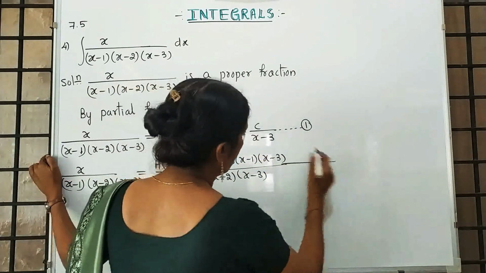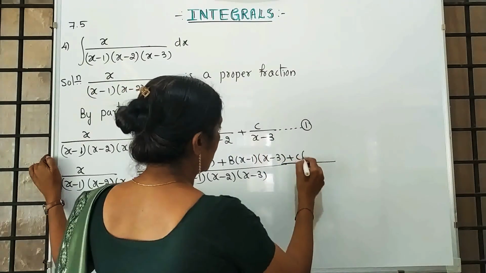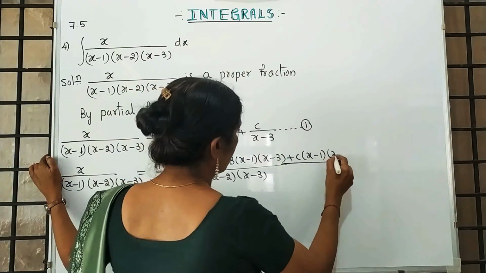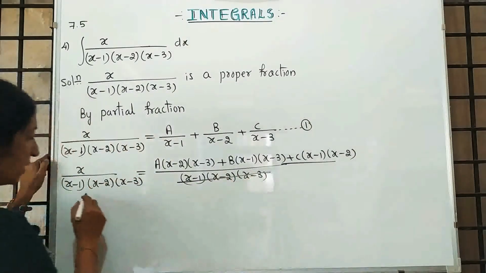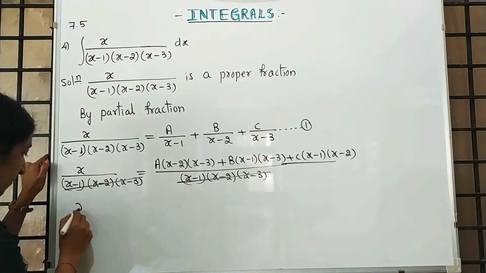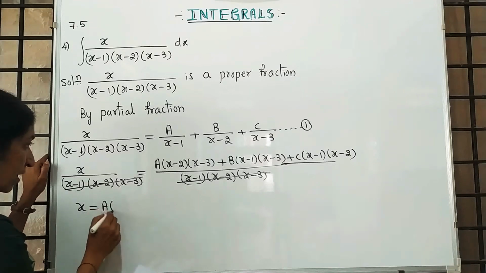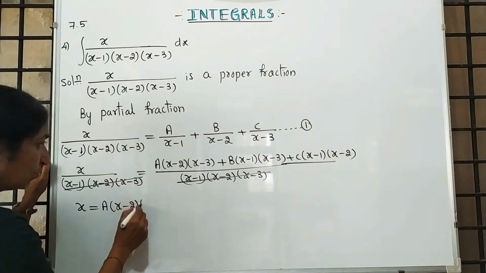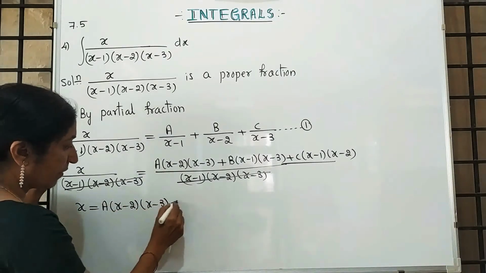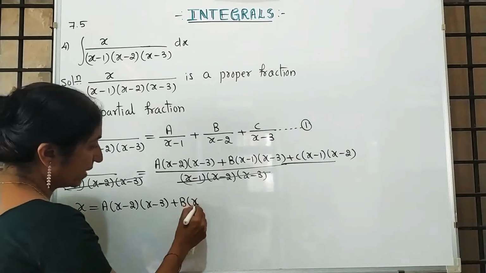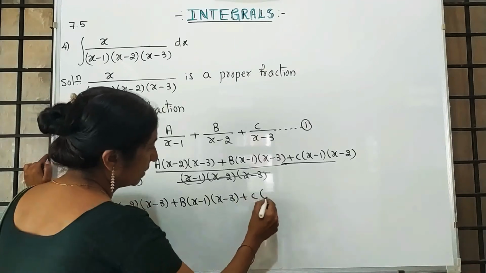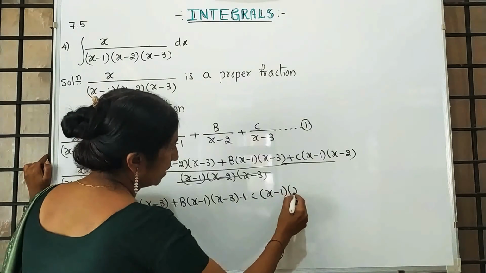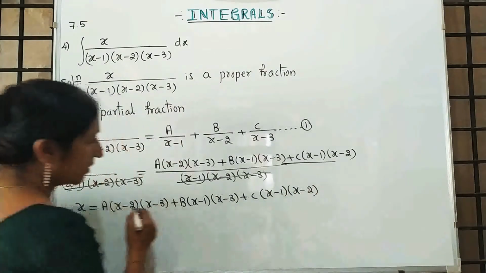And with c, x minus 3 is already there, so it is multiplied with x minus 1 and x minus 2. The denominators get cancelled. x is equal to a into (x minus 2)(x minus 3) plus b into (x minus 1)(x minus 3) plus c into (x minus 1)(x minus 2).